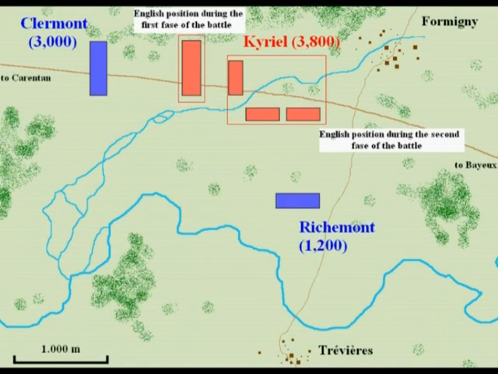Because, as you see from the map, the French were arriving from the south and the southeast, fundamentally, slightly. So it was a pretty dangerous situation. Probably Clermont was aware of Richmond's arrival before the English were.